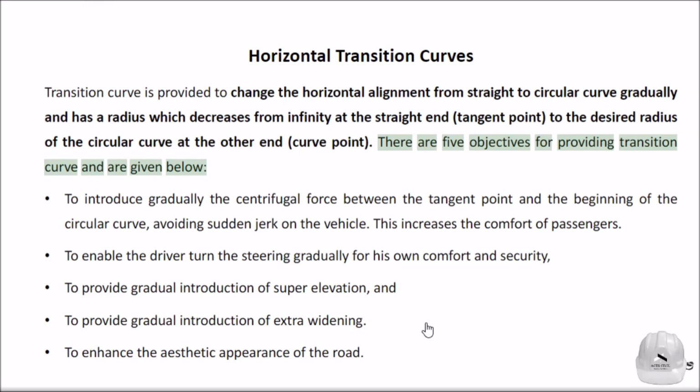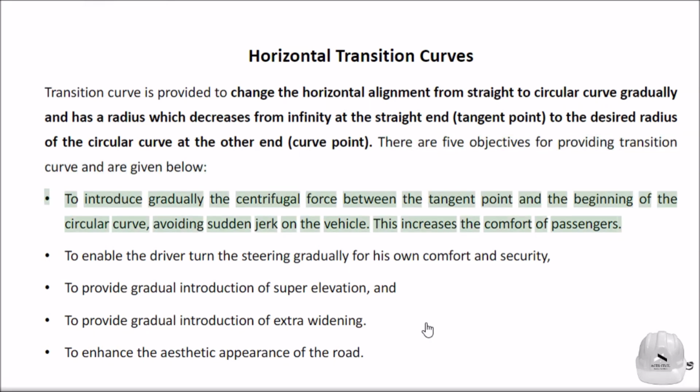There are 5 objectives for providing transition curve and are given below. To introduce gradually the centrifugal force between the tangent point and the beginning of the circular curve, avoiding sudden jerk on the vehicle. This increases the comfort of passengers.